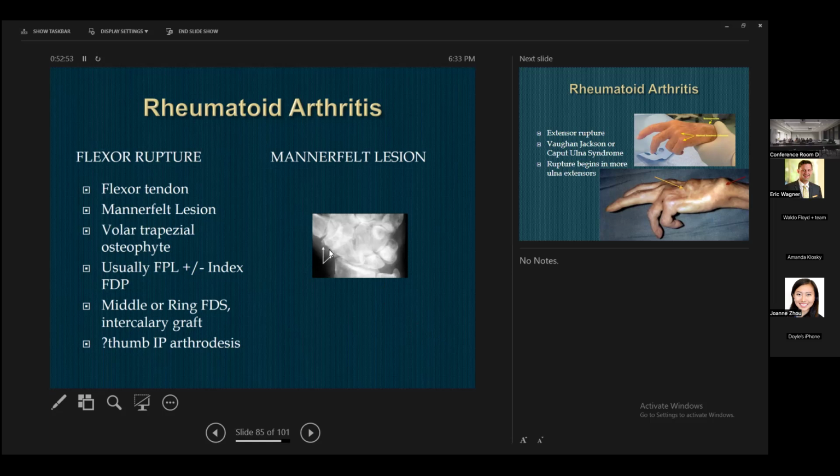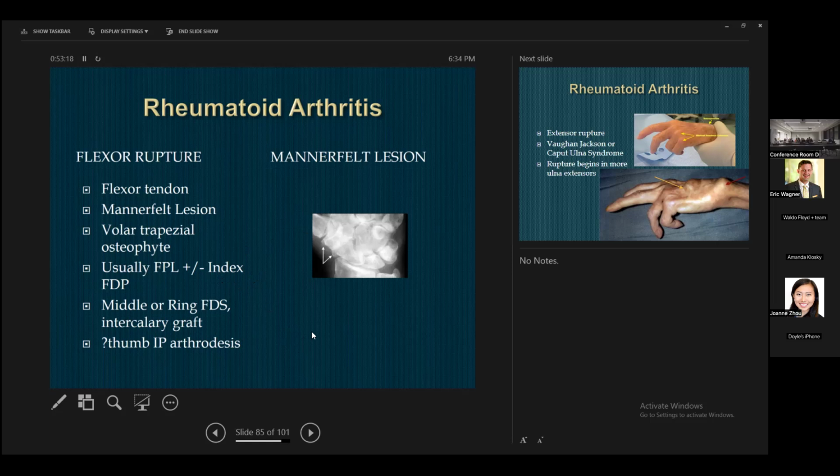You'll see it: a scaphoid osteophyte, a trapezial osteophyte, STT disease. That's the Mannerfelt lesion, and it usually ruptures the FPL. Sometimes it'll rupture the FPL and the index.